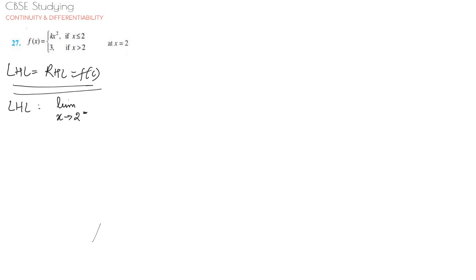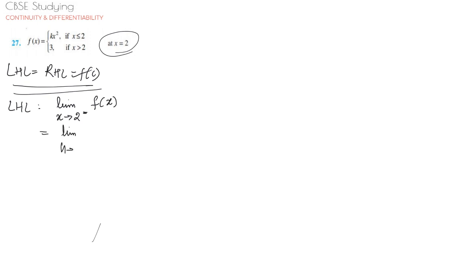Next question is also of the same type. So again, we can either do the LHL or the RHL and try to solve the question. This time I'll do the LHL part. So LHL is equal to RHL is equal to f of c, since the function is continuous. Now if I have to solve the LHL, limit x tends to 2 minus, because we have to find the value at x equals 2.